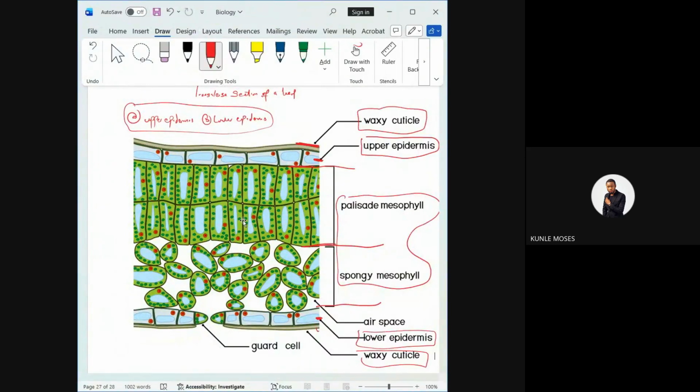And I said when you look at the transection of a leaf, it is partitioned into 4 sections. This is the first section here. Look at the first section here. The first section only contains 2 things, which is the wasi cortical and the upper epidermis. The first section does not have a guard cell. The guard cell of a leaf structure is in the lower region.